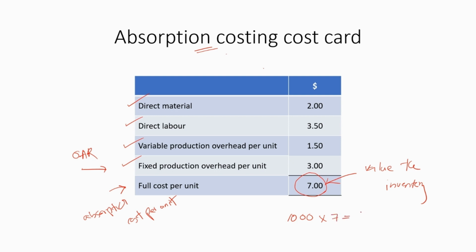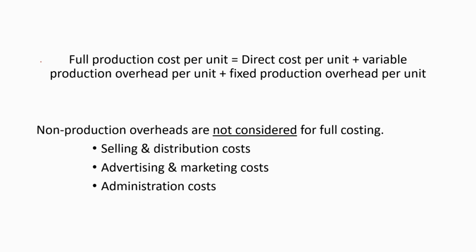So the valuation of the inventory is $7,000. Using the cost card, we come up with this formula: full production cost per unit equals direct cost per unit plus variable production overhead per unit plus fixed production overhead per unit. This cost is calculated by using the OAR, overhead absorption rate.